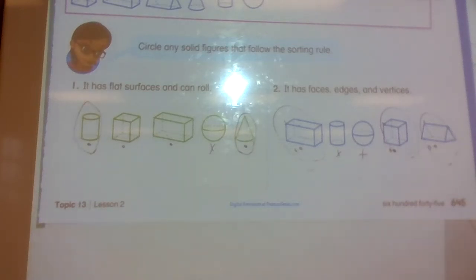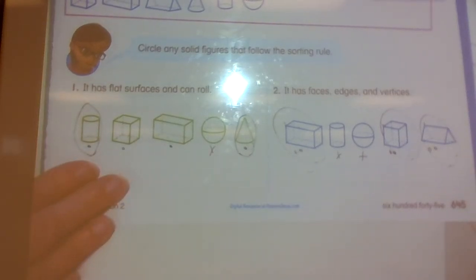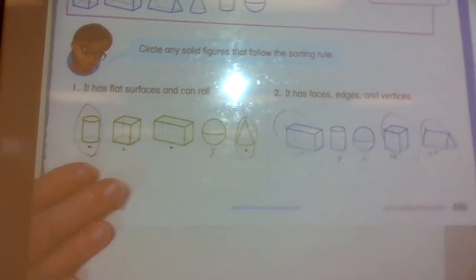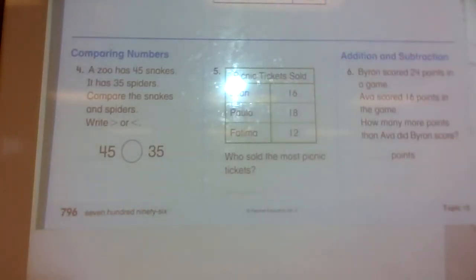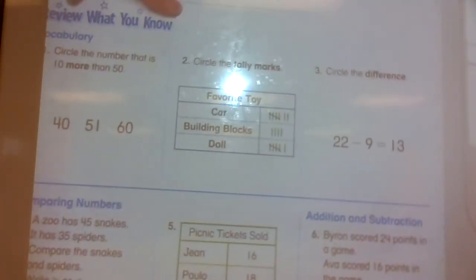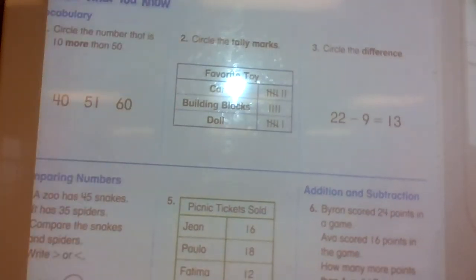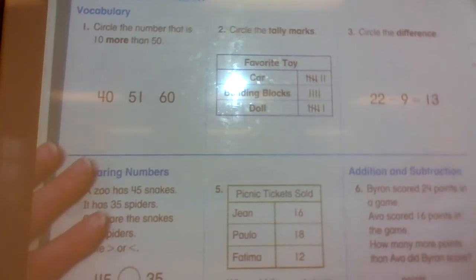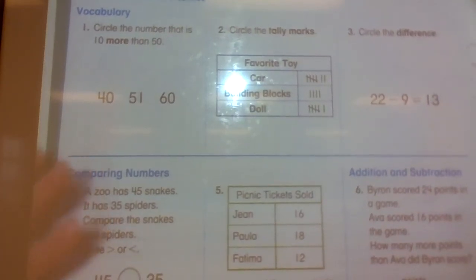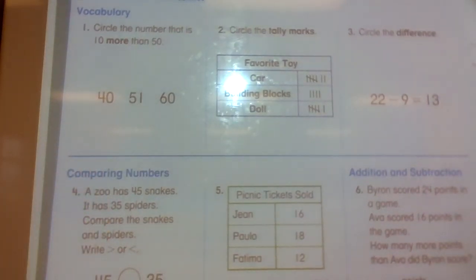Now, the last thing you're going to do today, we're going to turn a whole bunch of pages, and I want you to turn to page 796. Okay, 796. It says review what you know. You're going to do this page by yourself.